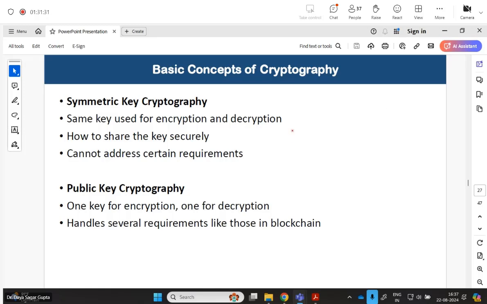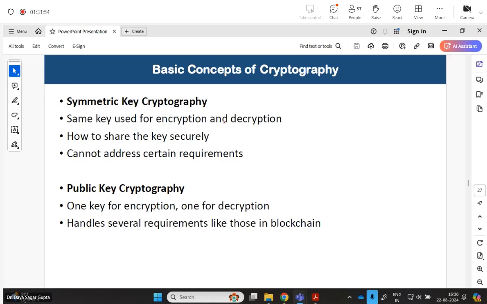Why is he encrypting? So that in between the communication, if there is a person C intercepting this communication and trying to take this EM, he will see EM and will not understand what is written because it is in coded form. It is not the original message.